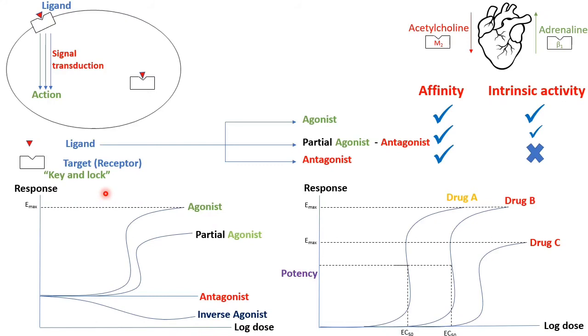So when all the receptors are occupied, there is no more response when an agonist is given because there is no receptor that this agonist could bind to. So in order to get the maximum efficacy or the Emax, all the receptors of the cell are occupied by the agonist.